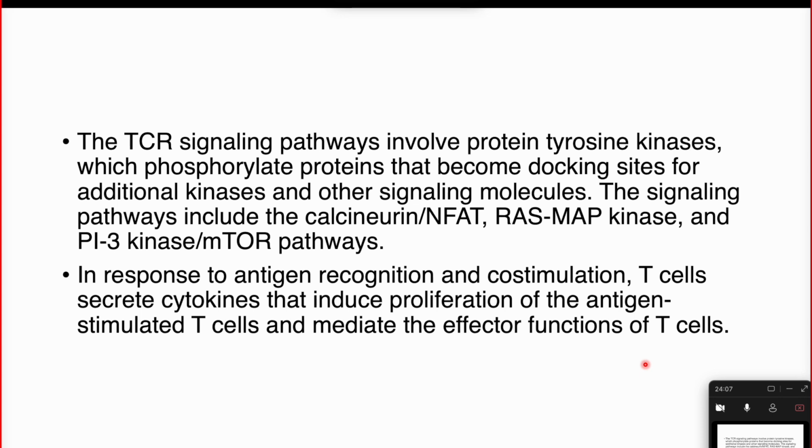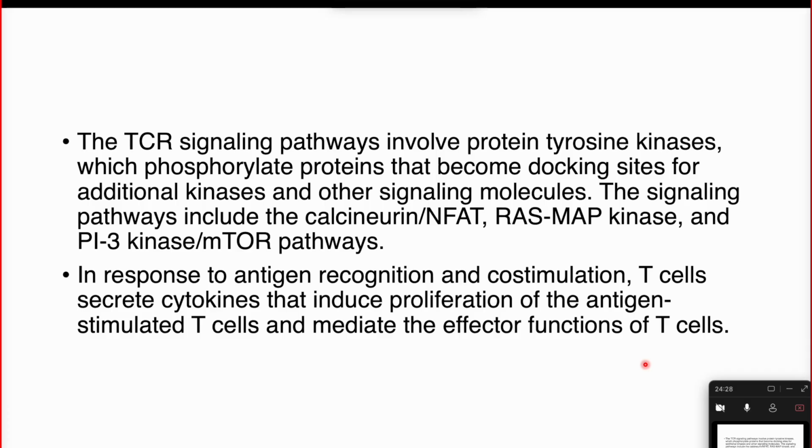The TCR signaling pathways involve protein tyrosine kinases, which phosphorylate proteins that become docking sites for additional kinases and other signaling molecules. The signaling pathways include the calcineurin NFAT pathway, RAS-MAP kinase, and the PI3 kinase mTOR pathway.